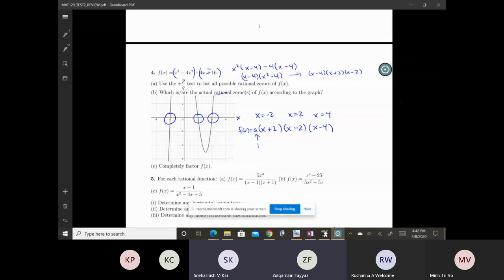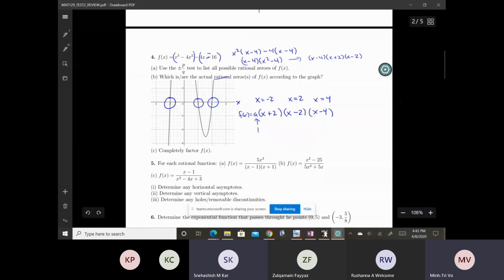What was your question, Professor? Question 4, what's the coefficient? In this one, it's 1 because you already know the leading coefficient for x cubed is 1.